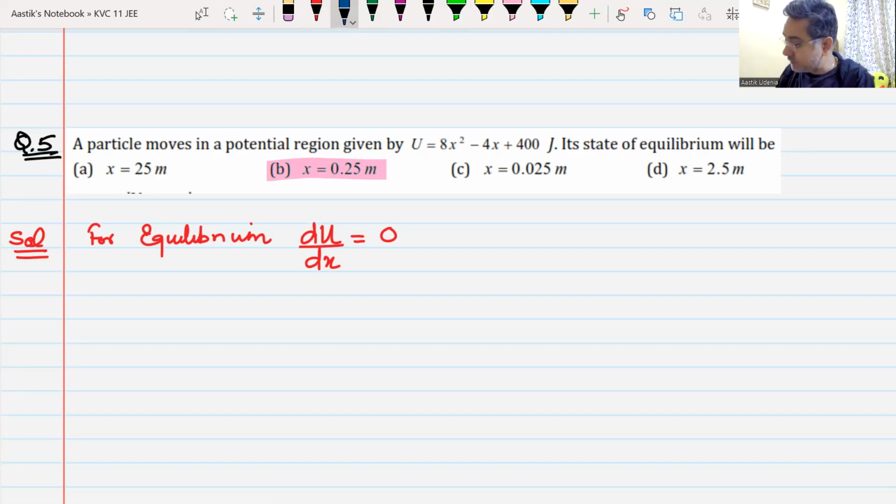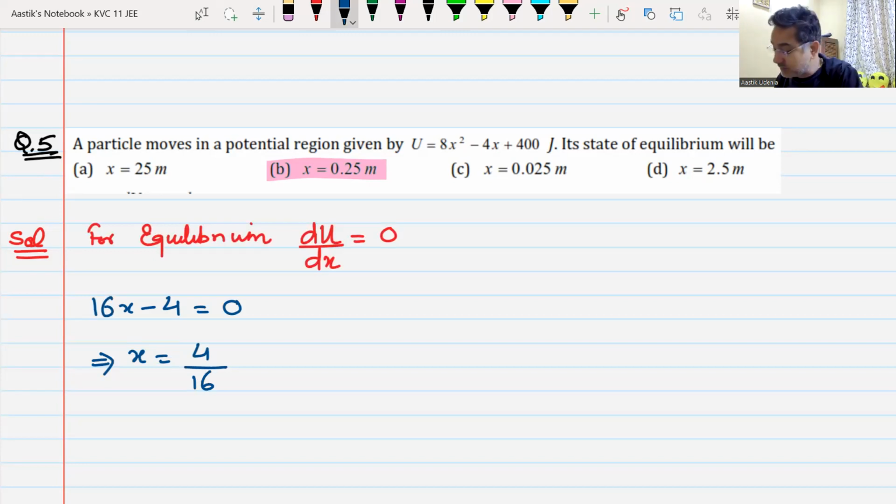What is the derivative of this? 16x minus 4 will be equal to 0. From here I can find out x as 4 by 16, and that is the first answer. You will get x as 1 by 4. So at 1 by 4 you have an equilibrium condition.